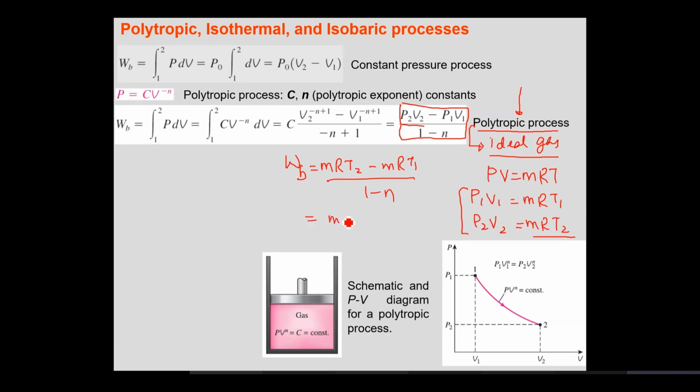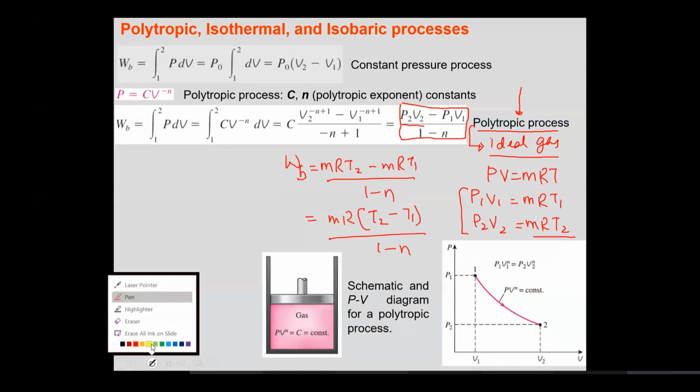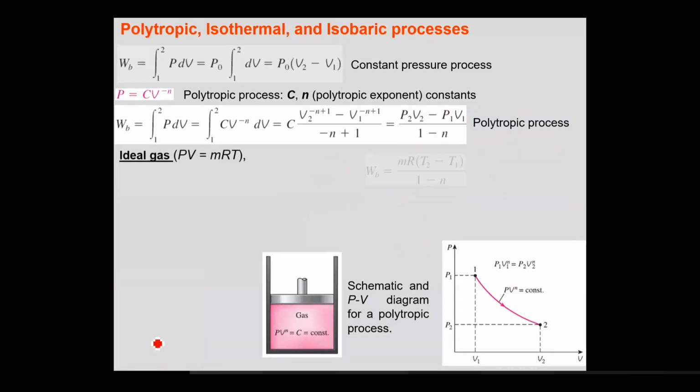Or I can write it as MR(T2 minus T1) over (1 minus n) is the boundary work for a fluid which is going through a polytropic process and behaving as an ideal gas. Clear enough? All right. So this is the boundary work for a polytropic process undergone by an ideal gas.